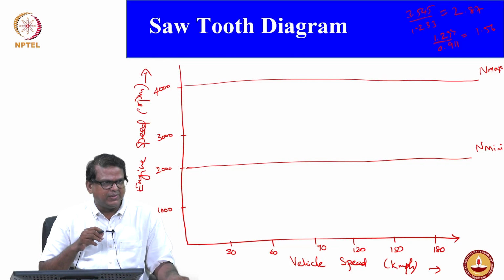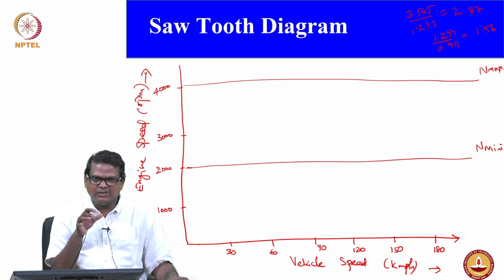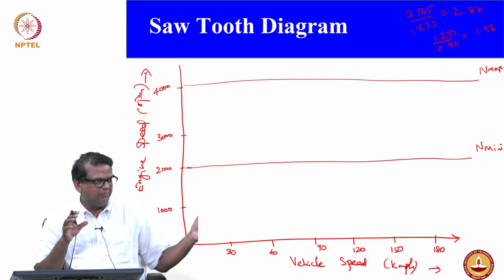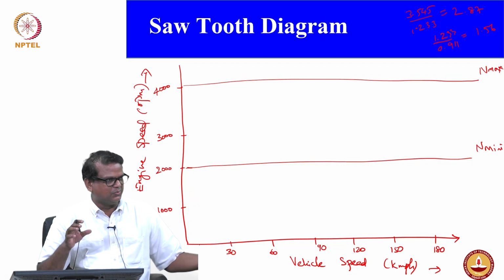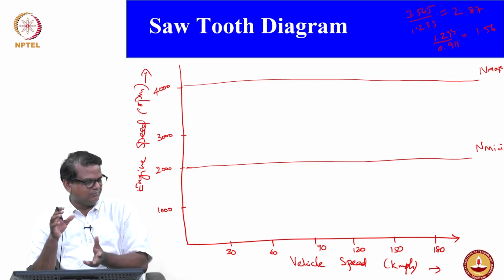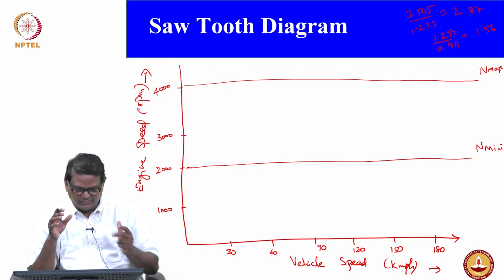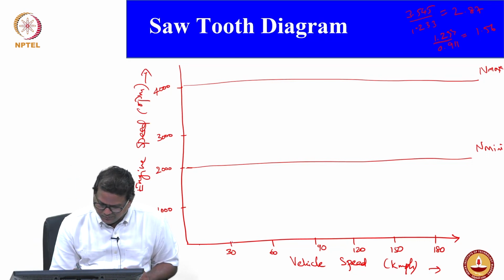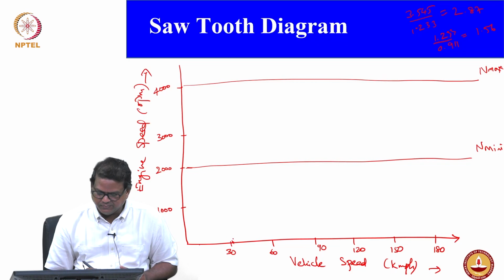My first gear operates up to 33.167 kilometer. Am I right? That means when your vehicle is running in first gear, the speed can vary starting from 0 kilometer to 33.16 kilometer. Okay. So, somewhere here the point will come.